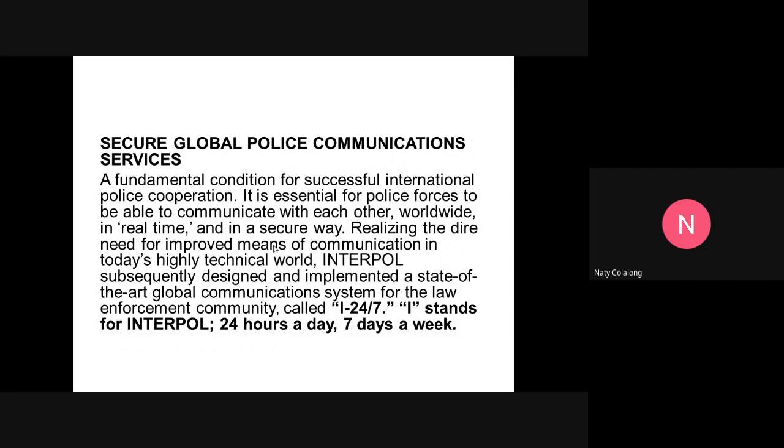Realizing the dire need for improvements of communication in today's highly technical world, Interpol subsequently designed and implemented a state-of-the-art global communication system for the law enforcement community, which is called I-24/7. So I stands for Interpol, 24 hours a day and 7 days a week.